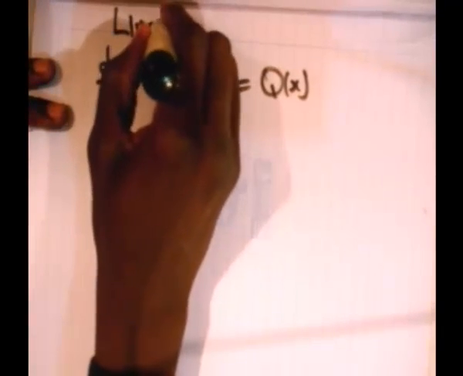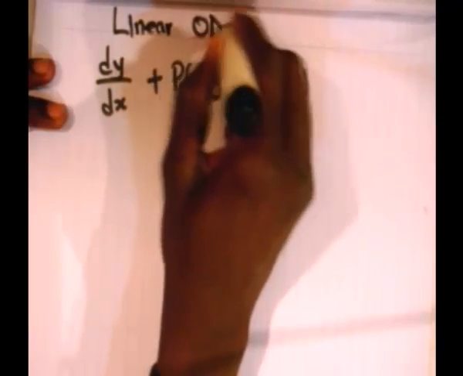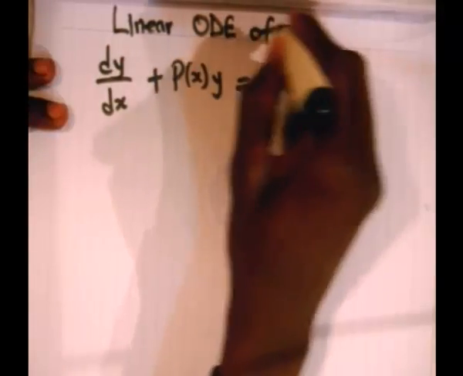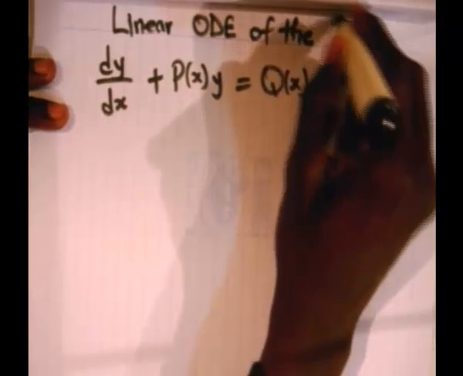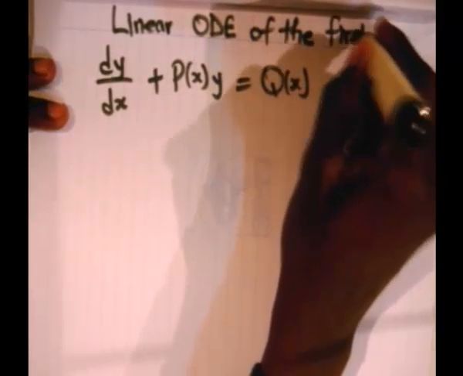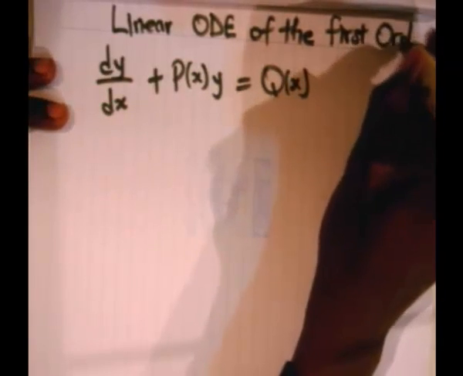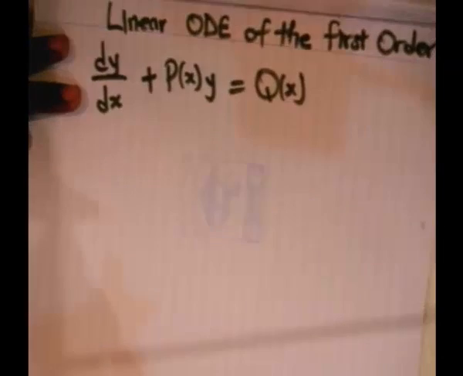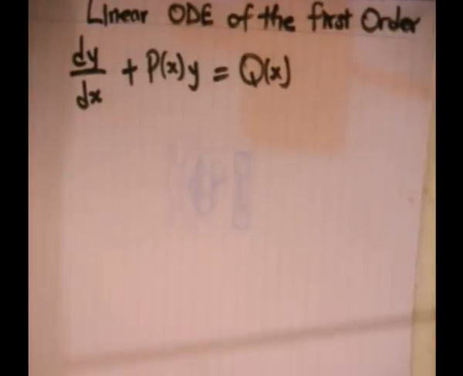This is a linear ODE of the first order. As we progress in the course of the tutorial, we're going to learn about higher orders, but for now we are looking at the first order.